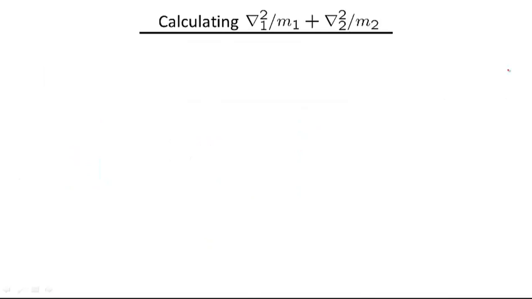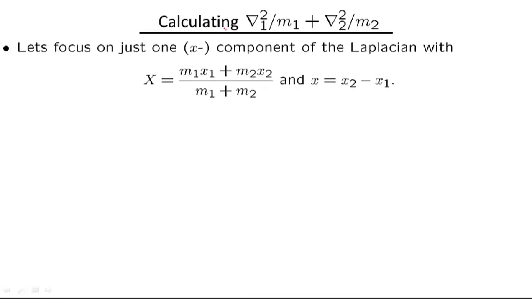To calculate this part of the kinetic energy, we can focus for the sake of simplicity on just one component of the Laplacian. The Laplacian is the sum of second derivatives with respect to each of the directions in our problem, x, y, and z. So let's just focus on x. In this case, capital X is going to be the x component of the center of mass, and lowercase x is going to be the relative coordinate in the x direction.